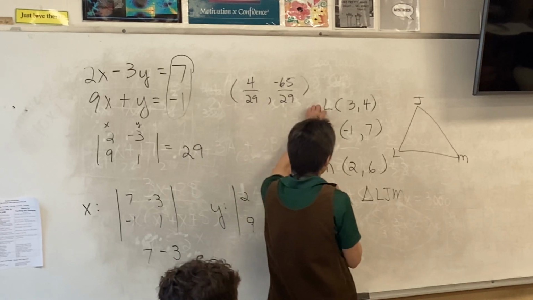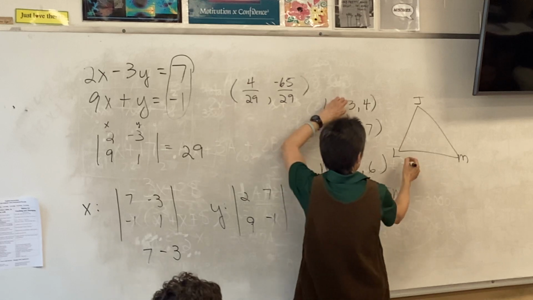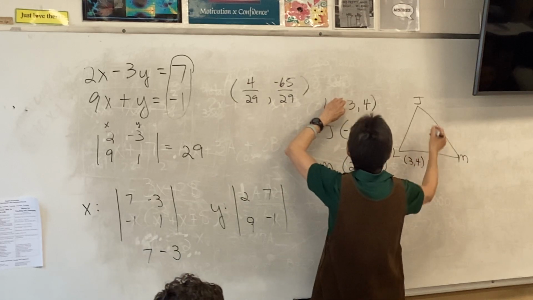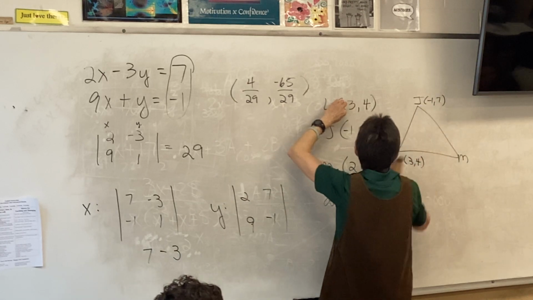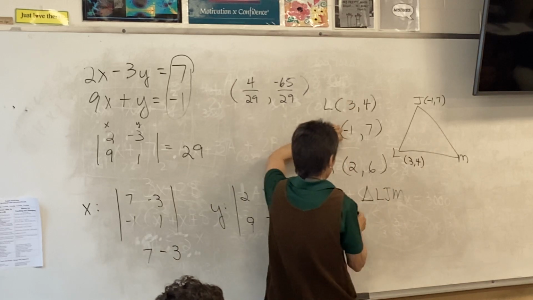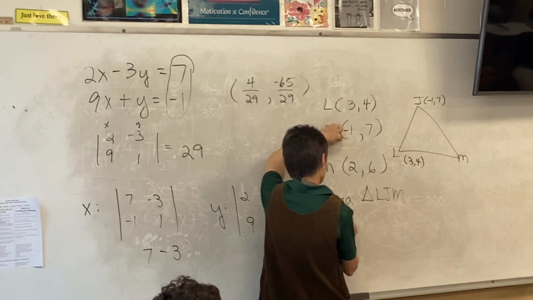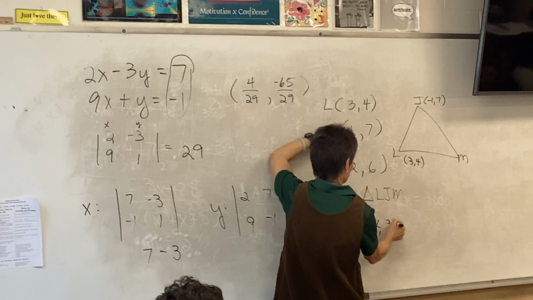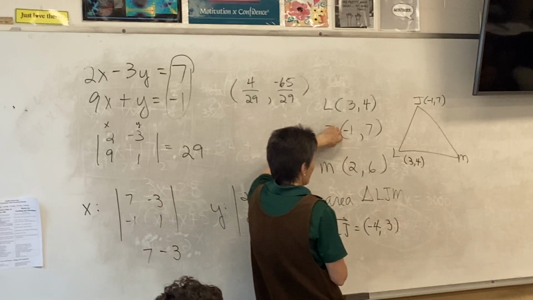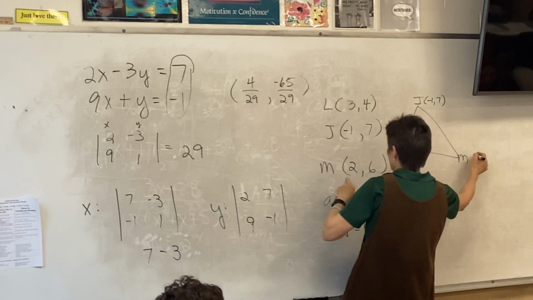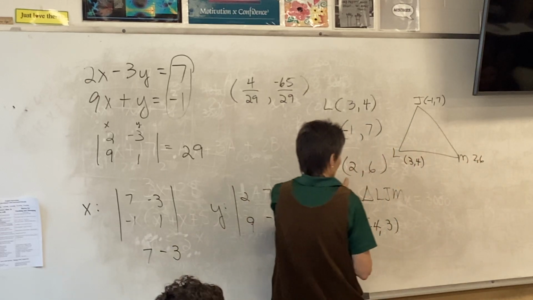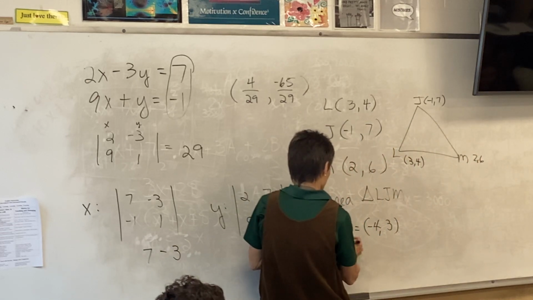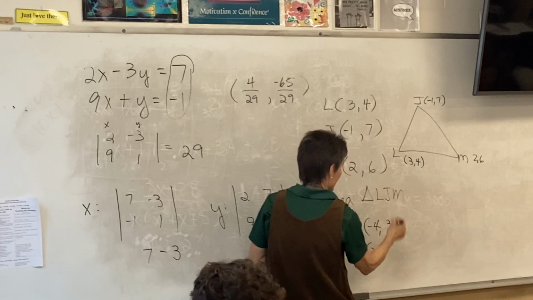From L to J, if it helps you to put them in the picture, that's fine, but you certainly do not need to. We're going from L to J, so what's happening? We're going -4 and 3. And then from L to M, we're going -1 and 2.